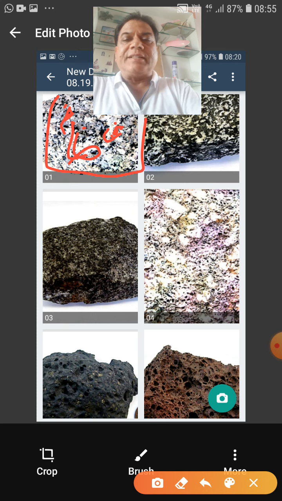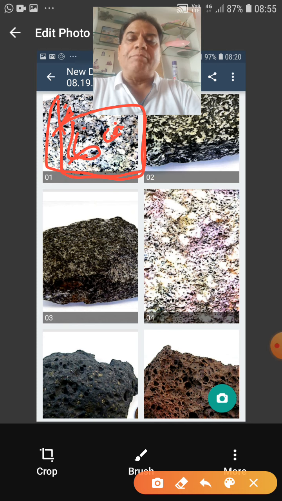So this rock granite has coarse grain, and in improved textural name it has a hypidiomorphic texture, and the minerals that are identified are quartz and orthoclase.